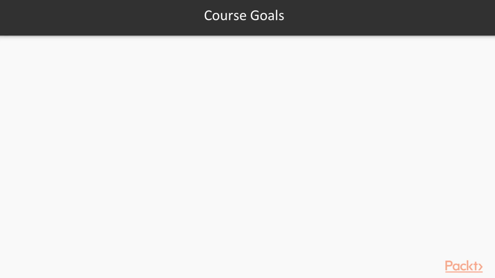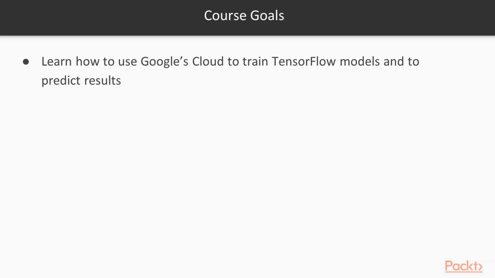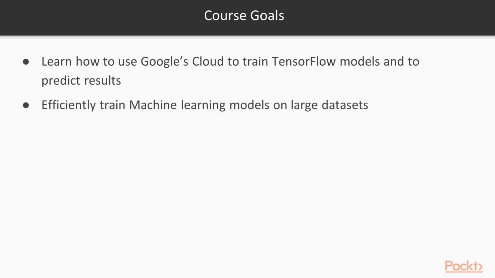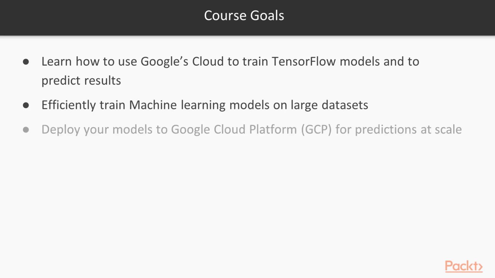So, what are the goals of this course? In this course, you will learn how to use Google's Cloud to train machine learning models with TensorFlow and how to use these models to predict results. You will learn how to train models efficiently on very large datasets using distributed training strategies and serverless technologies. A model isn't useful unless it is deployed somewhere, so you will also learn how to deploy your TensorFlow model on GCP.